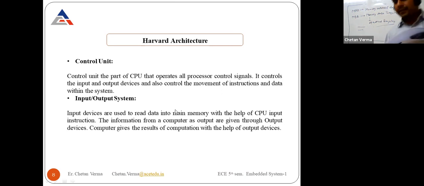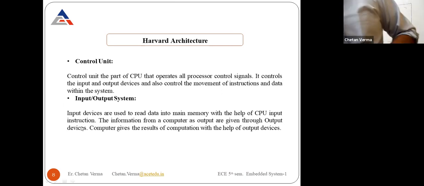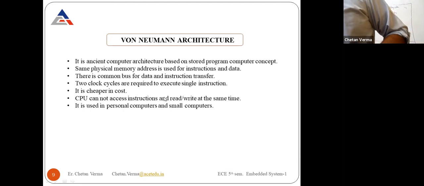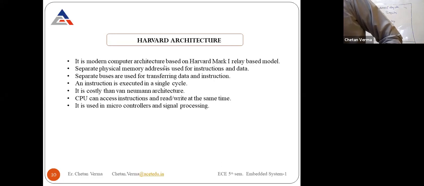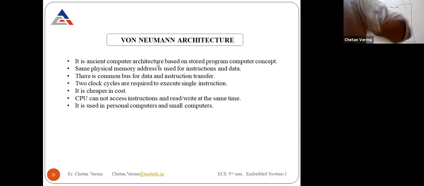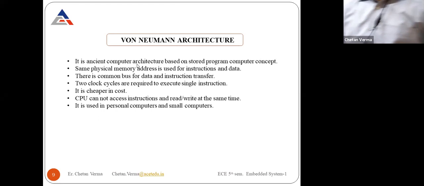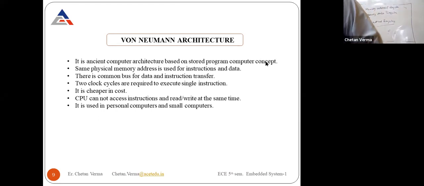So the next topic, I have to explain the difference between them. Now the next slide will be based on the various point differences between your von Neumann and your Harvard architecture.